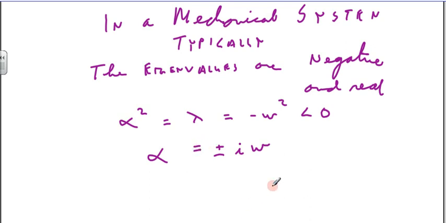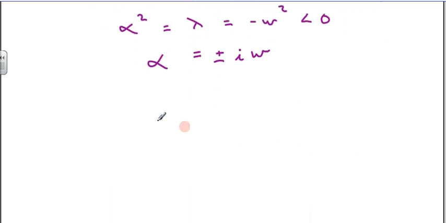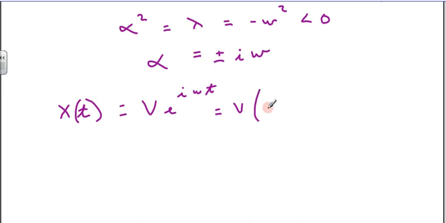So, that being the case, x of t will have answers in the form v e to the i omega t, which is going to be v times cosine omega t plus i sine omega t.